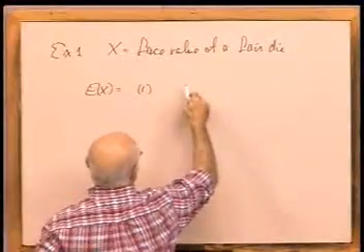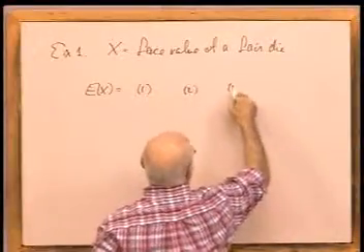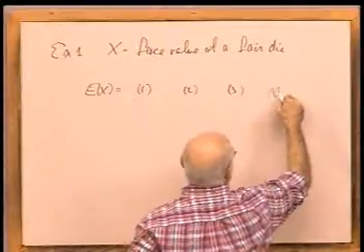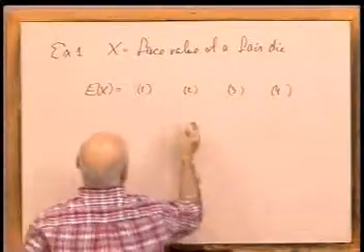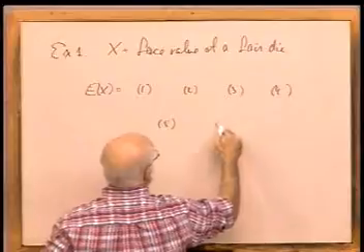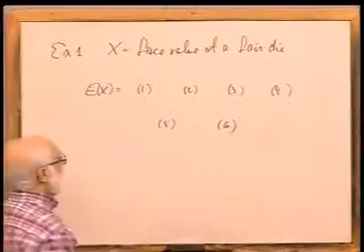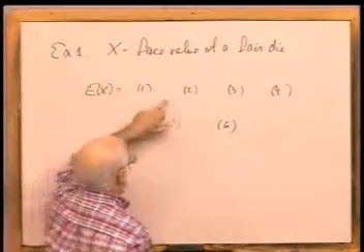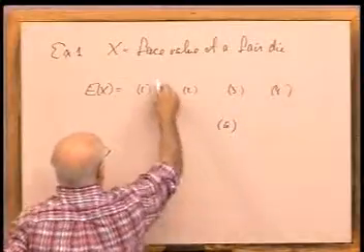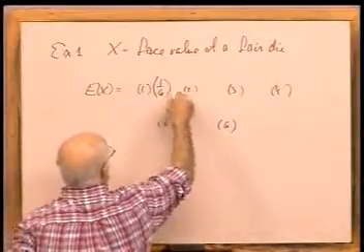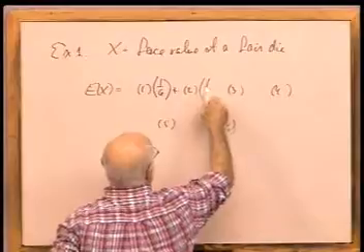So we have 1, 2, 3, 4, 5, and 6. And I multiply or weight each value the random variable takes by the probability that it takes that number, and I add them up.